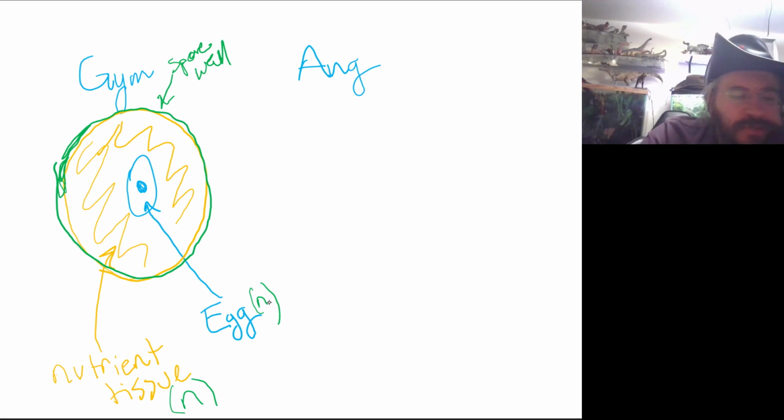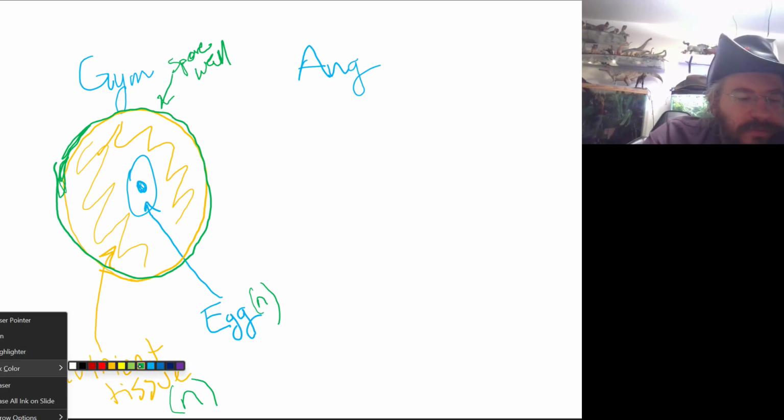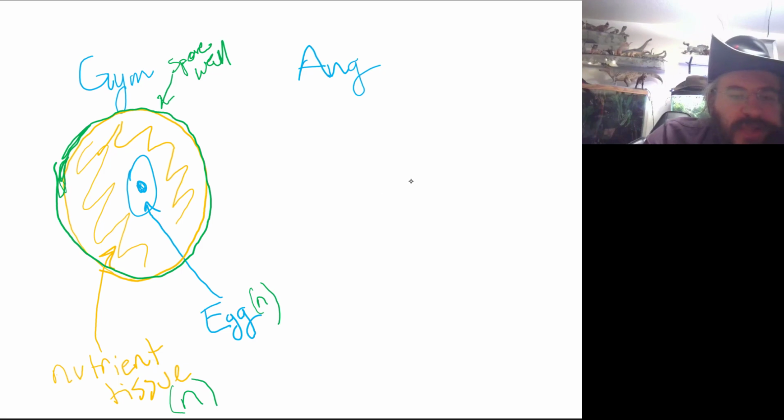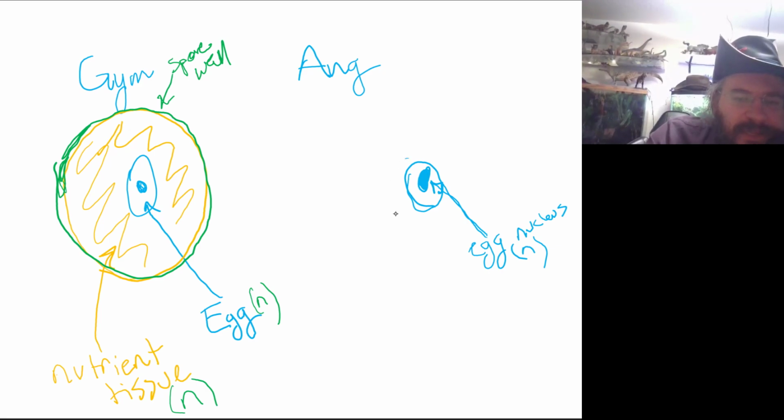All right, angiosperms. I'm going to draw this a little differently. So here's my egg nucleus, haploid, contained in my egg. I'm just getting a little more specific.